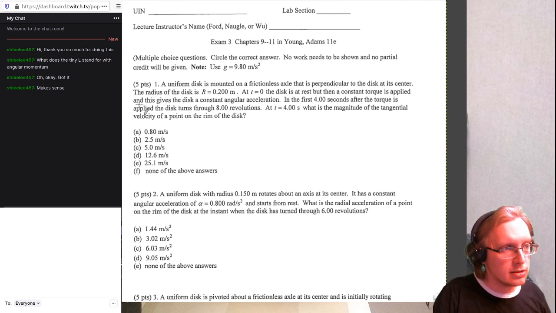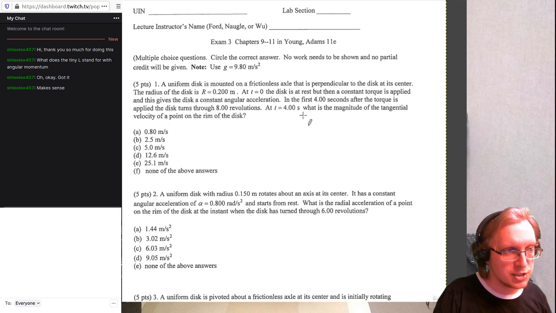The radius of the disc is this much. At time t equals 0, the disc is at rest, but has constant torque applied to it, giving constant angular acceleration. For the first 4 seconds, torque is applied to the disc until it turns through 8 revolutions. At t equals 4 seconds, what is the magnitude of the tangential velocity at a point on the rim?